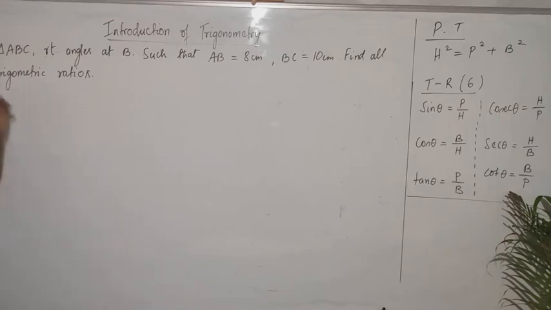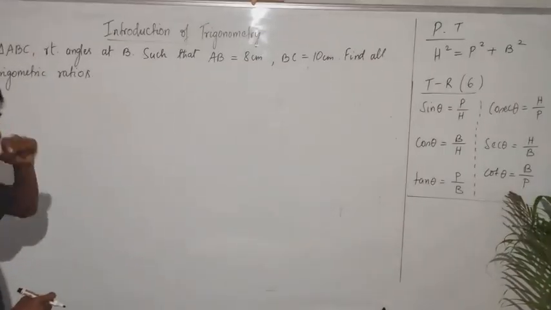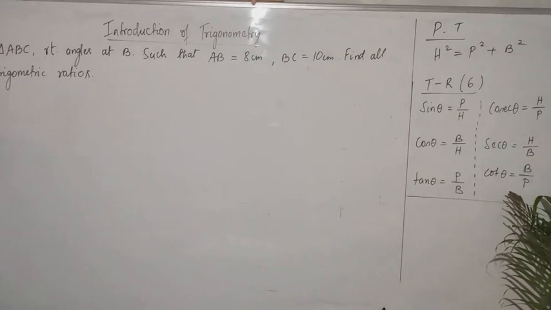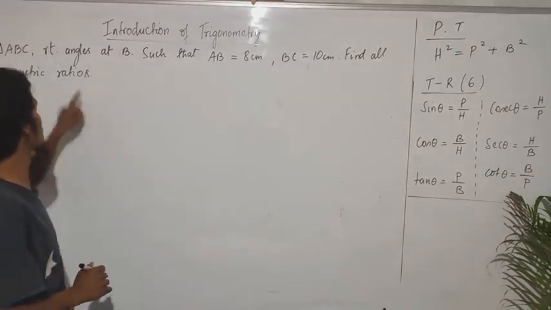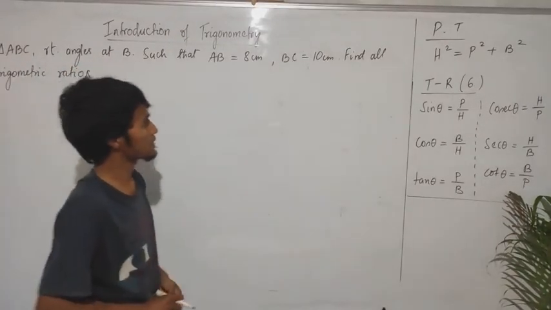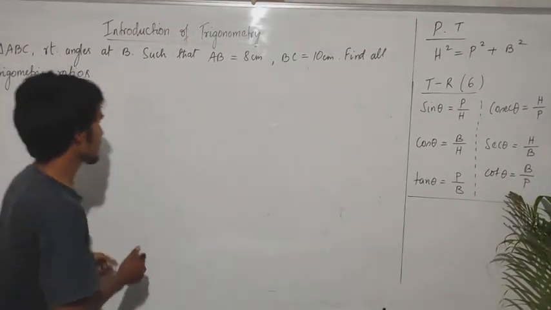Now this will be the question. First I'll explain this question, then once you understand it, you try from your textbook exercise 8A. Now in triangle ABC, right angle at B, we'll draw the figure such that this is given. But remember this first.